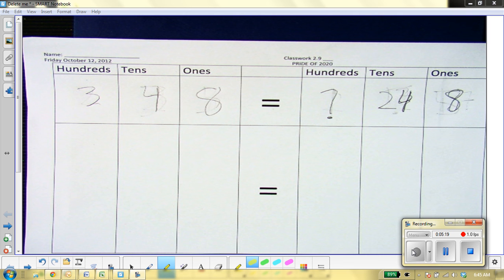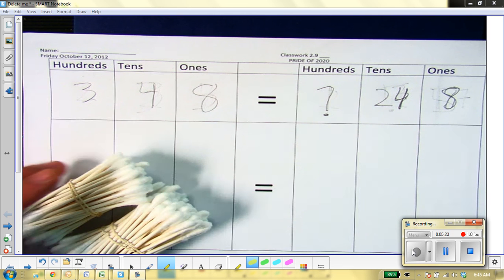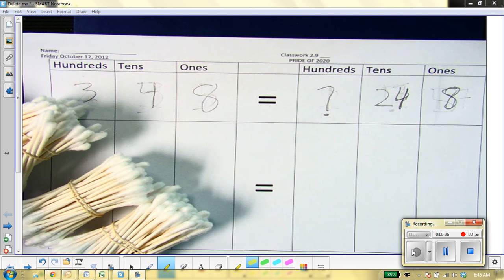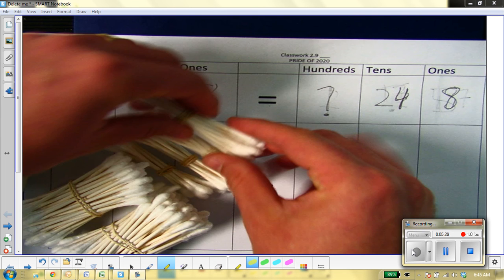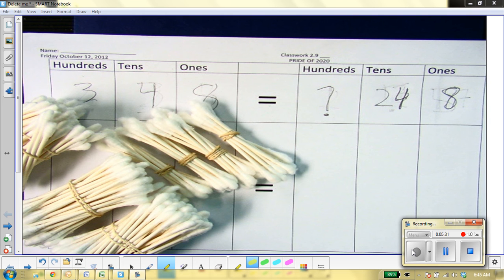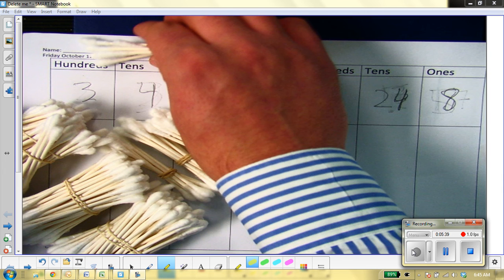I'll go back to my model with Q-tips. Here are my 300s. Here are my 4 tens. Here are my 8 ones. Since my 8 ones aren't changing, I'm going to put them on top here.